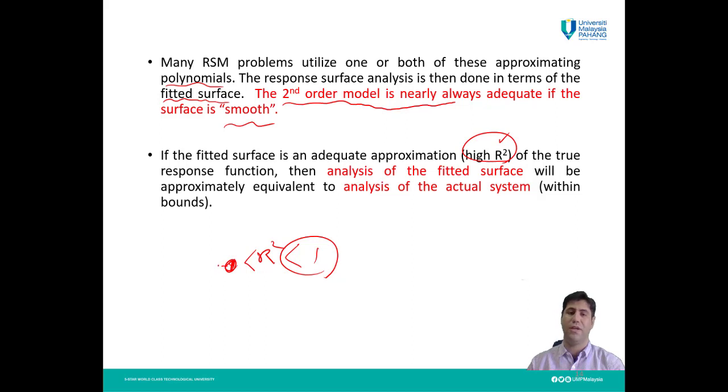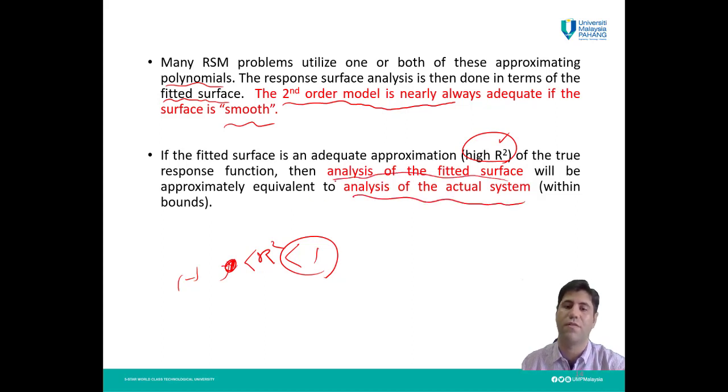It can also be on the negative side, negative one, which means there is a negative correlation between response and factors. If we have a model with high R square, later also within the software we will see why it is important, then analysis of the fitted surface will be approximately equivalent to the analysis of the actual surface.